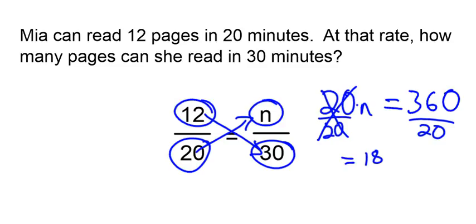That's our n, so n equals 18. So she can read 18 pages in 30 minutes. If you don't believe my 18, double check my work.